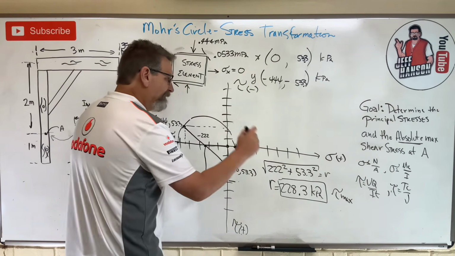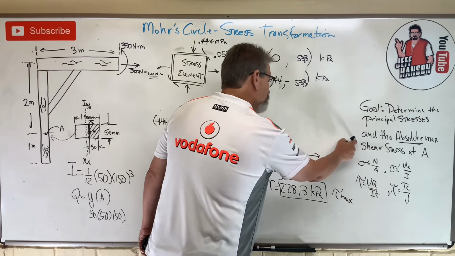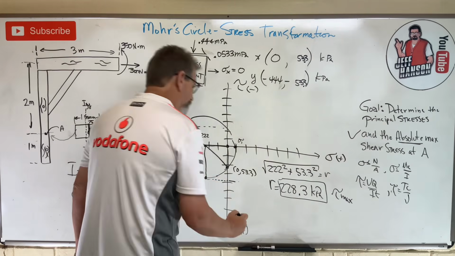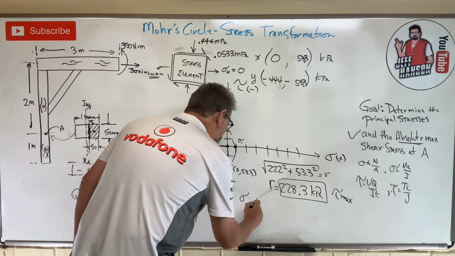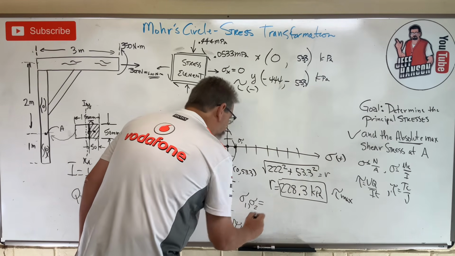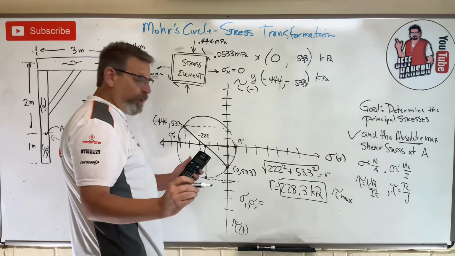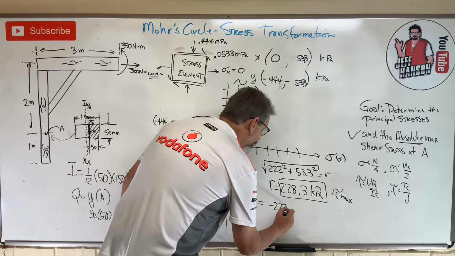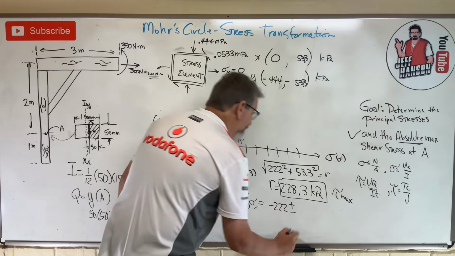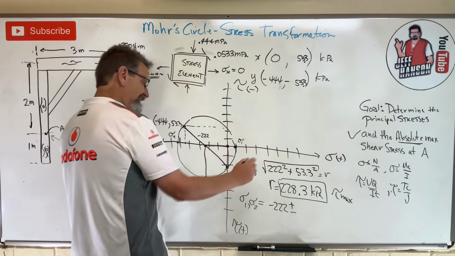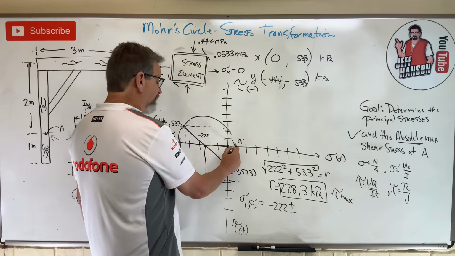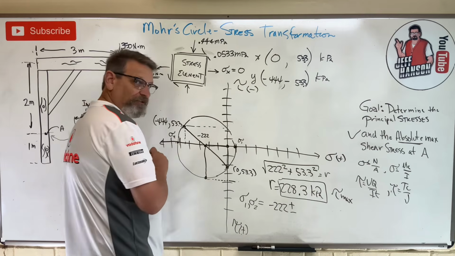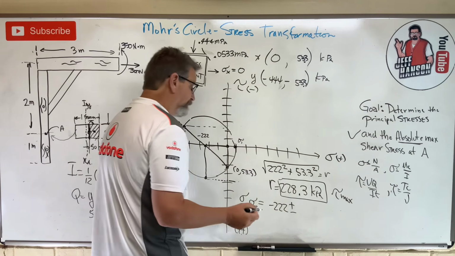Okay, now how do I find the principal stresses? We found that guy. Check mark. We need those first two guys. Sigma 1 and sigma 2 are equal to the center point, which is negative 222, plus or minus the radius. Because one radius gets me over to here, the other radius gets me over to there. That's where sigma 1 and sigma 2 are. Those are our principal stresses.